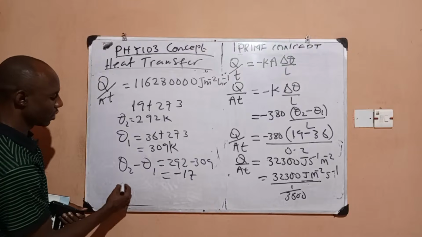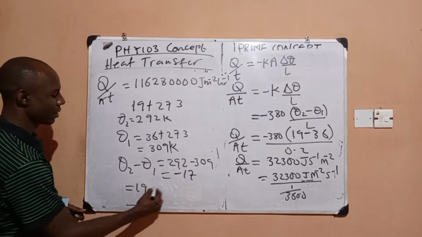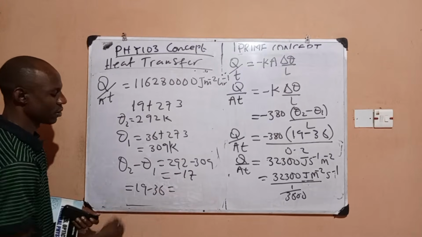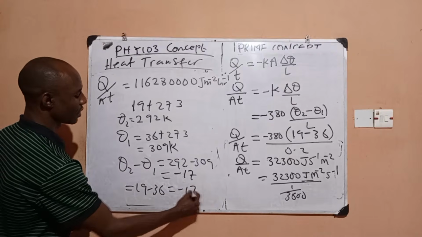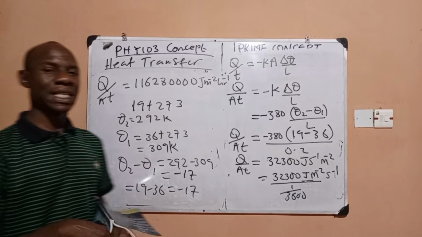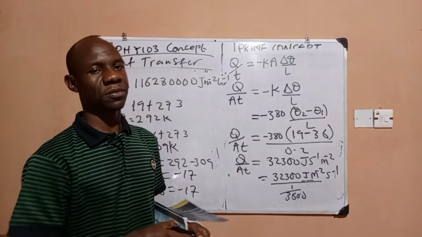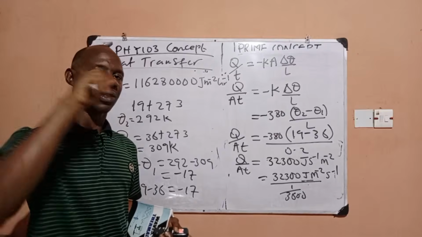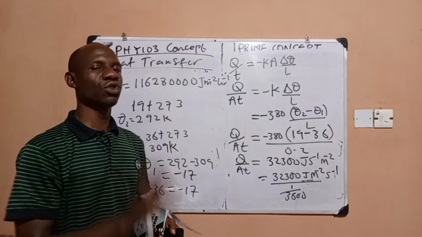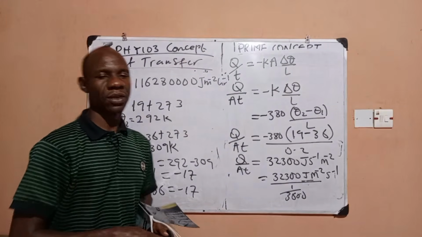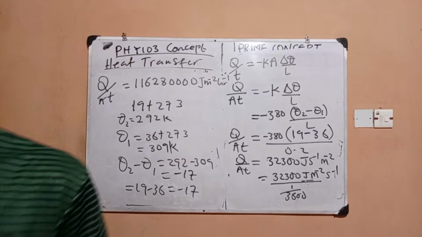Now without conversion, if you still do 19 minus 36, what would this give you? It still gives you minus 17. So it tells you that whenever you are dealing with a change in temperature, you don't need to convert. But when you are dealing with just a single temperature, then you should always convert. I don't know if that statement is clear to you.